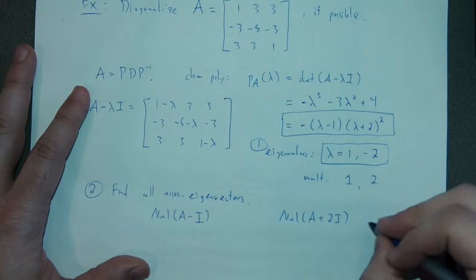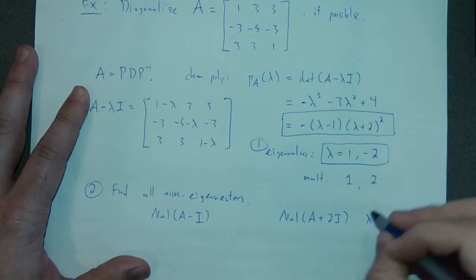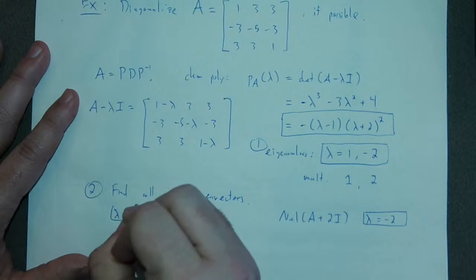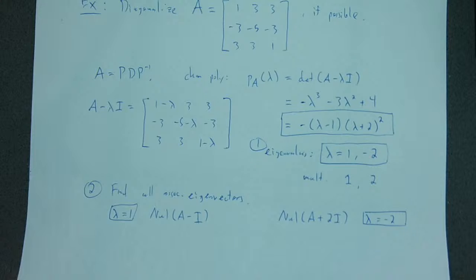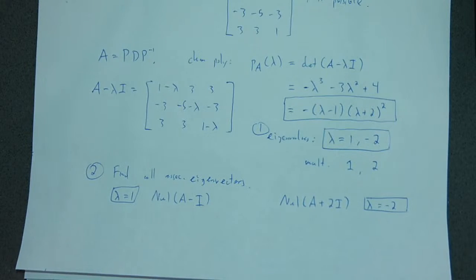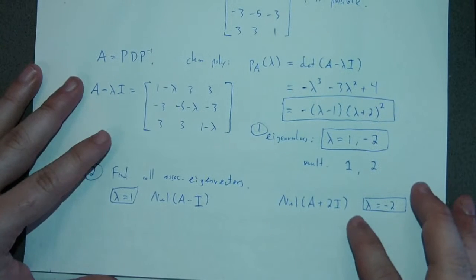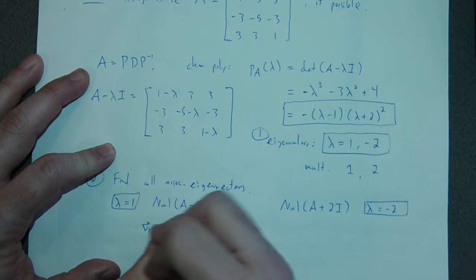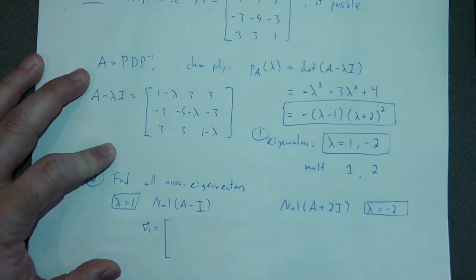So this is the lambda equals minus 2 eigenspace, and this is the lambda equals 1 eigenspace. Looking at these two eigenspaces, I'm finding bases. What is a basis for the lambda equals 1 eigenspace? Again, I'm not going to go through this, but it turns out the basis is one-dimensional.